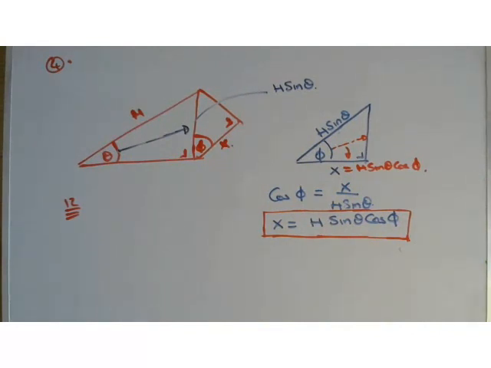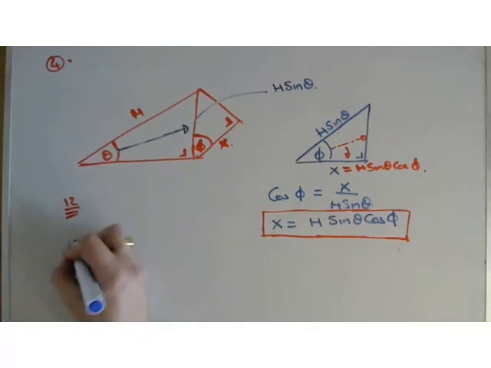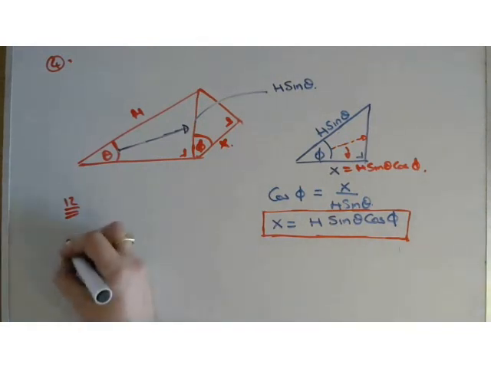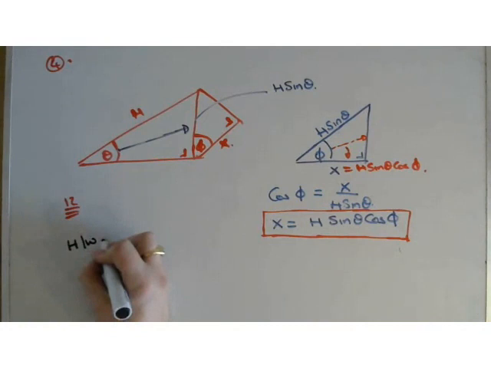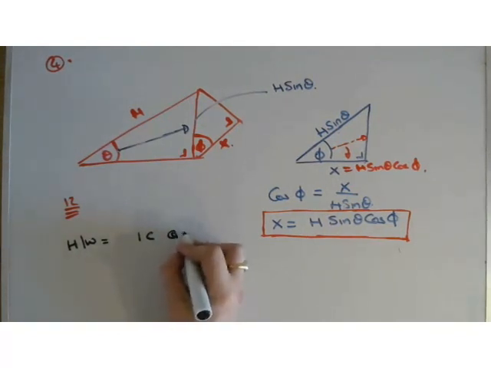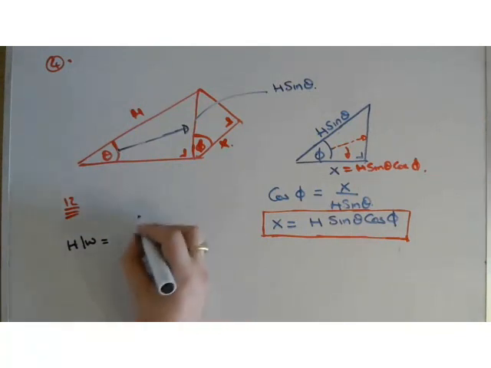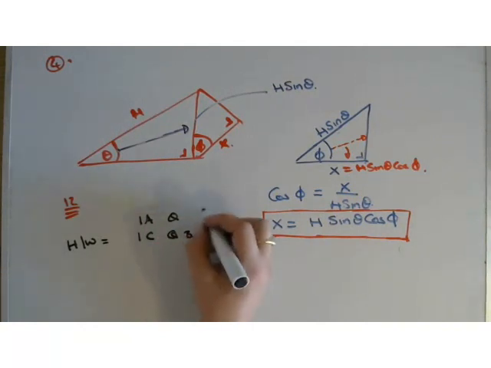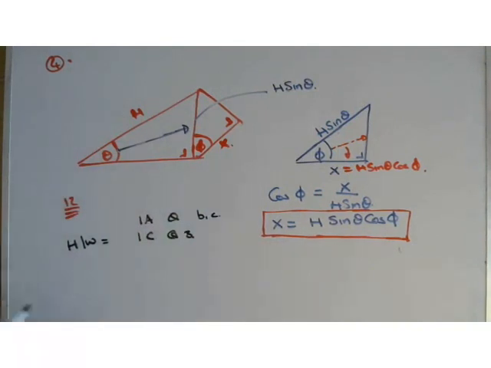So your homework is this. I want you to definitely do 1C question 3, and 1A question 2 and 3, like B and C. There's 2 of those that I didn't do.